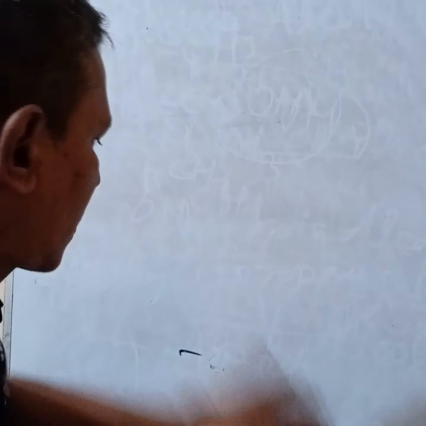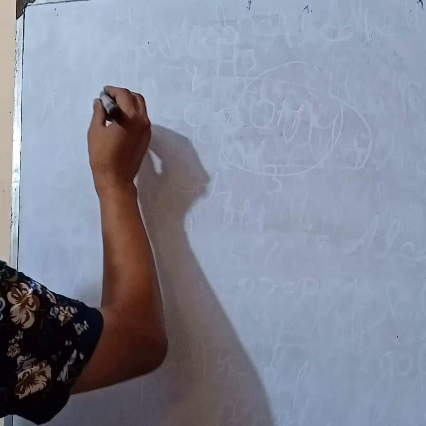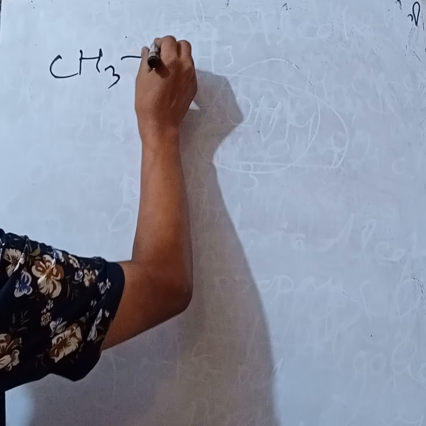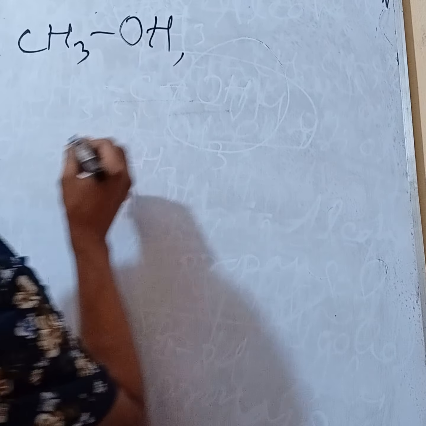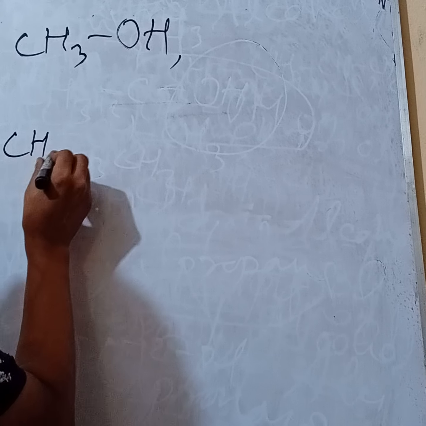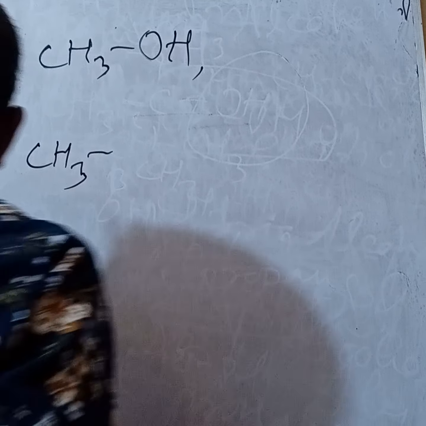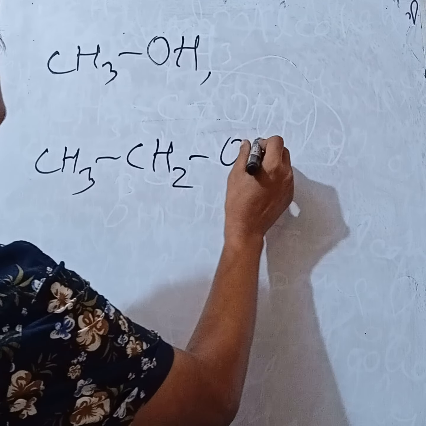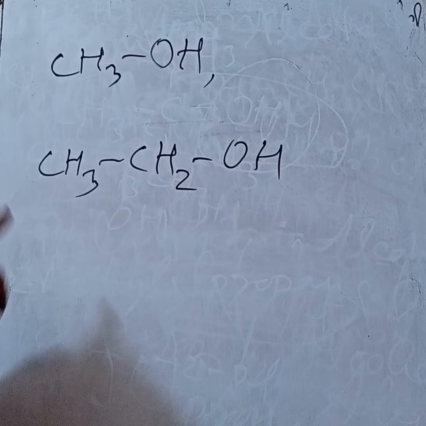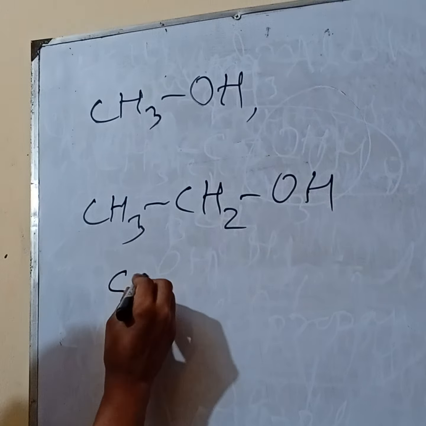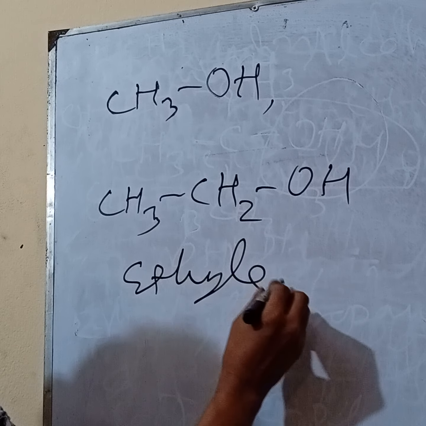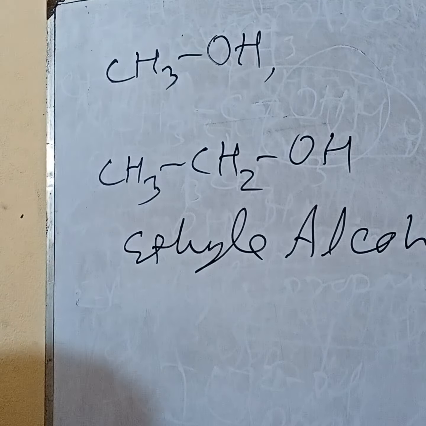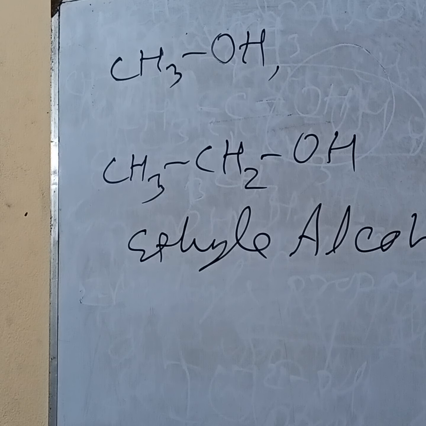That's the nomenclature. Now I have to discuss the synthesis of methyl or ethyl alcohol. Suppose methyl or ethyl alcohol. This is a common alcohol, ethyl alcohol. How is it synthesized? From starch.